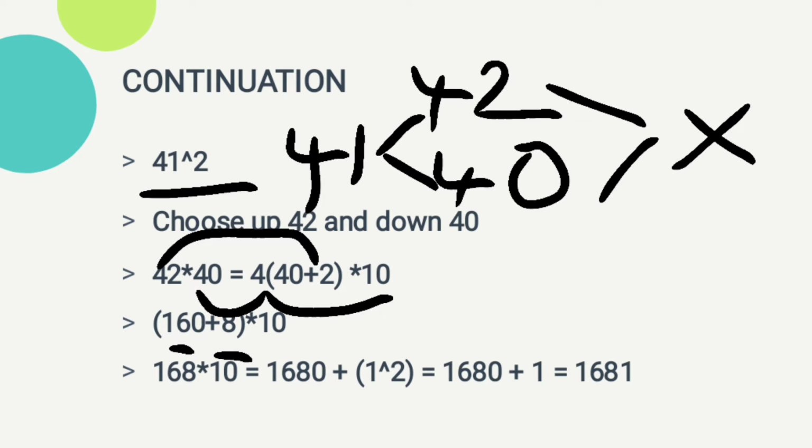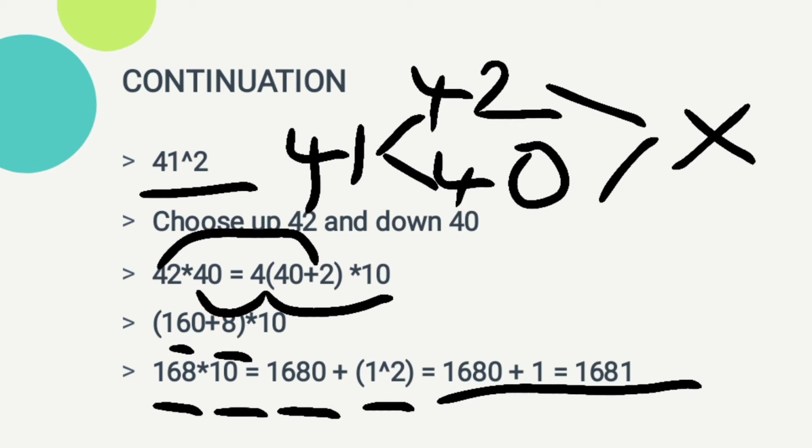When you add those numbers, you will get 168 into 10, so that you will get 1680. You have to add 1 square because 1 is the difference between 41 and 42 and also 41 and 40. So finally add 1680 and 1 to get 1681.